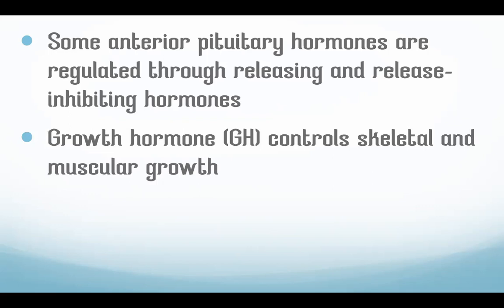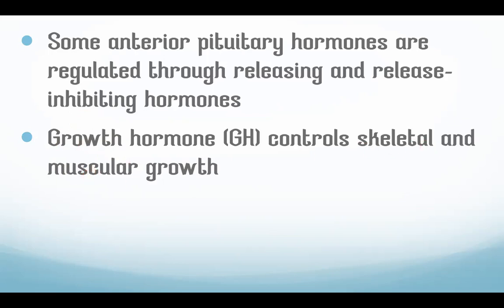First, I'm going to talk about anterior pituitary hormones that aren't associated with other endocrine glands. So they're going to have a direct effect straight from the anterior pituitary to the body. First, you have growth hormone, or GH. This controls skeletal and muscular growth. Seems pretty straightforward. Growth occurs from bone and muscle.